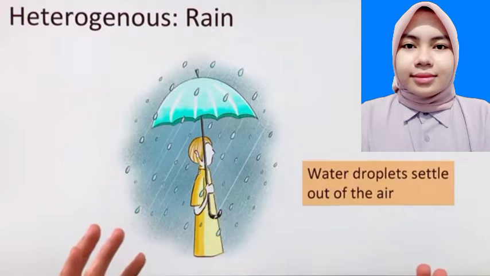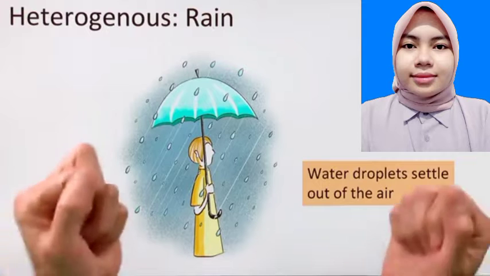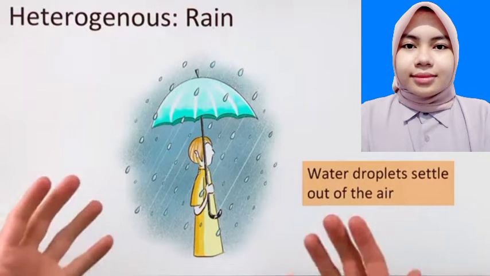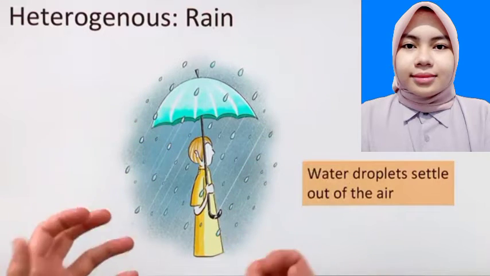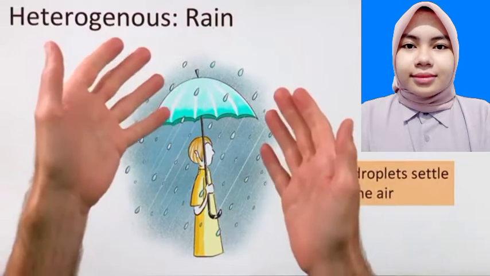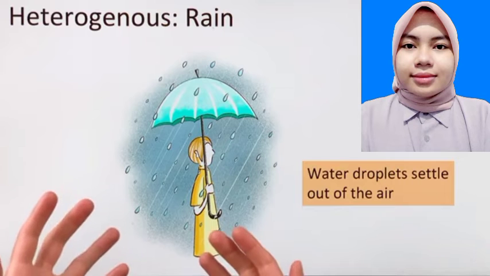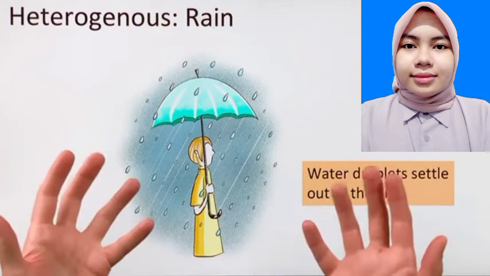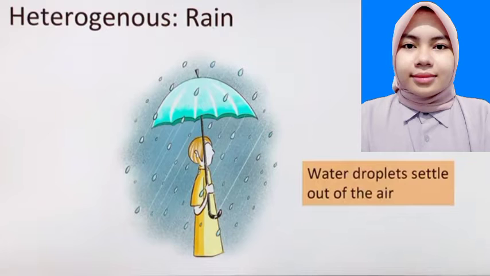These molecules can float around, bumping into each other, but they never settle out. Now, sometimes we get so much water in the air that it makes raindrops, and they are so large that they do settle out. The air cannot support them, so gravity pulls them down.